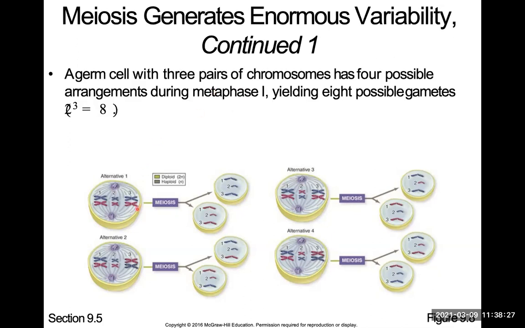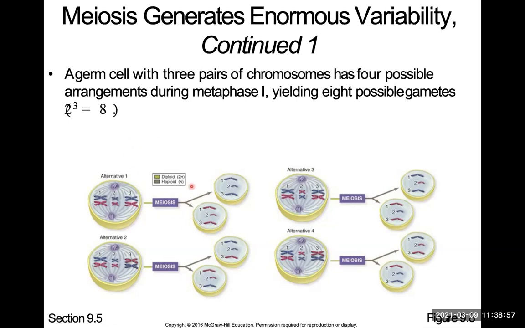Now, if you were to calculate the possible outcomes for these 3 chromosomes, because they're diploid, you're going to say 2, and then you do 2 to the 3rd power, and that's 8. You have 8 different possible combinations. So a germ cell with 3 pairs of chromosomes has 4 possible arrangements during metaphase 1, yielding 8 possible gametes.